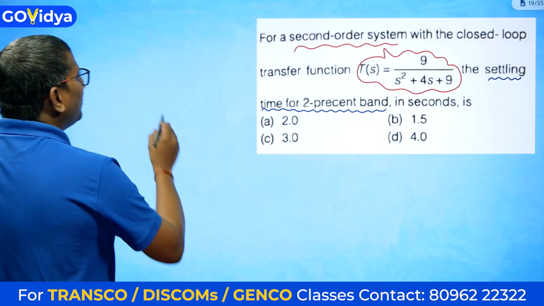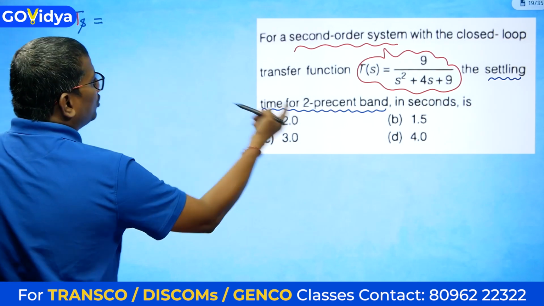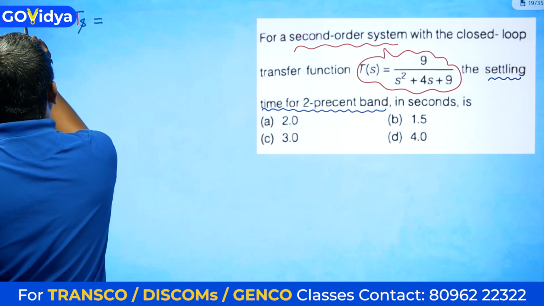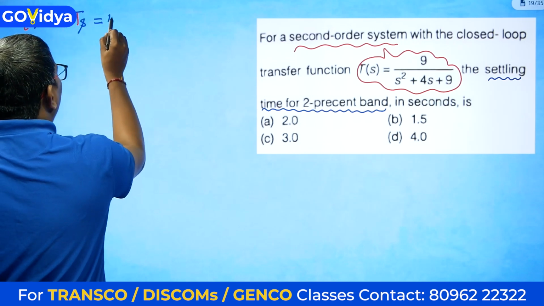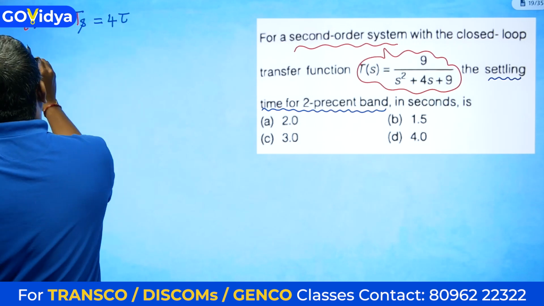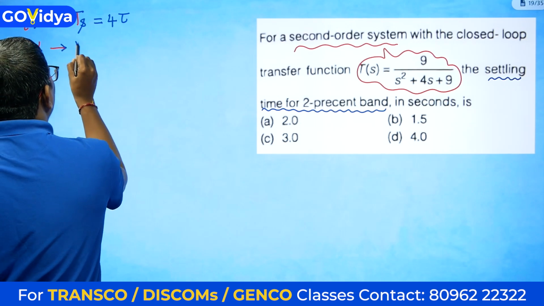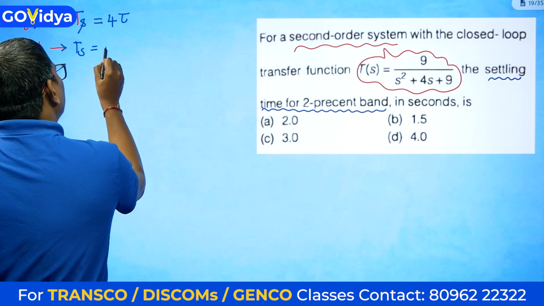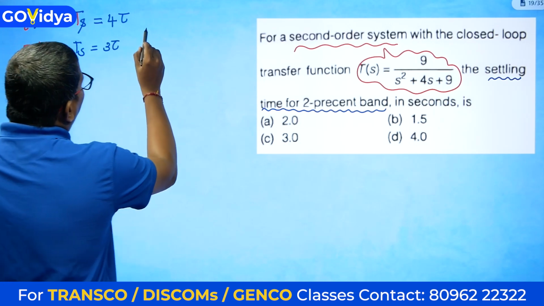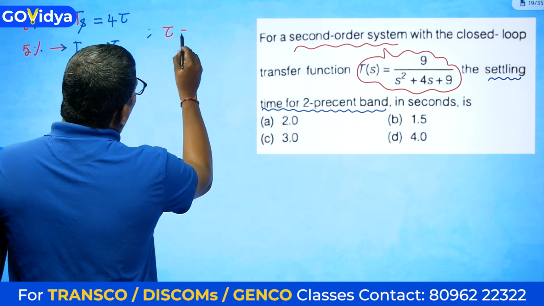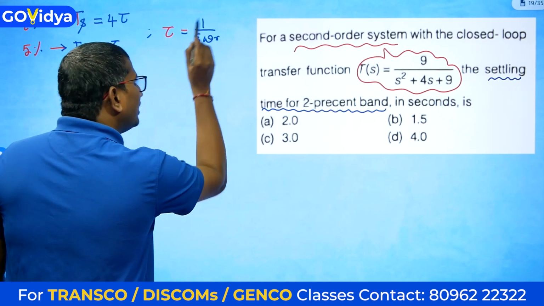The settling time for a second order system, Ts, for the 2% band, that means for 2% tolerance, is nothing but 4 time constants. And for 5% tolerance, the settling time is 3 time constants, where tau is called the time constant and we can write it as 1 by zeta omega n.